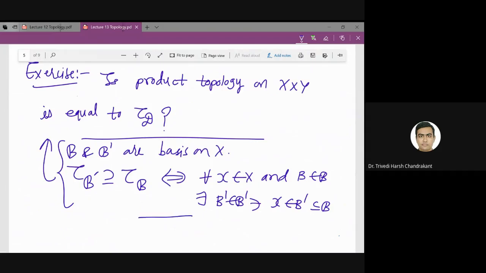Do you remember this result? If I have two bases on a set, then I can compare the two topologies, which one is weaker and which one is stronger than the other. We compared the lower limit topology and the standard topology on R using this theorem, right? The same thing we can use here.